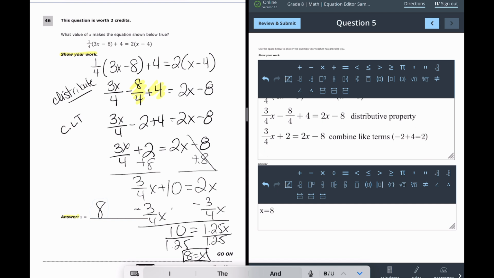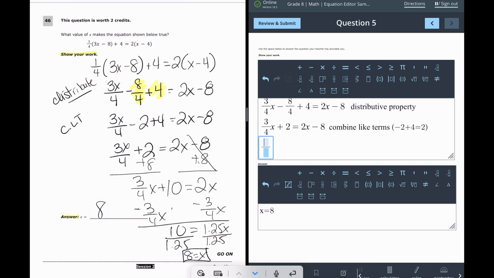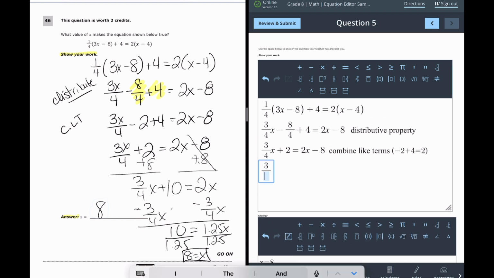Alright, now I go to my next line, and I decided to subtract 8 on both sides. So watch how I'm going to, because this is really hard to show this way. So what I'm going to do is put it in the same sentence. Okay, watch how I make this look. So 3/4 x plus 2 plus 8 is equal to 2x minus 8 plus 8.